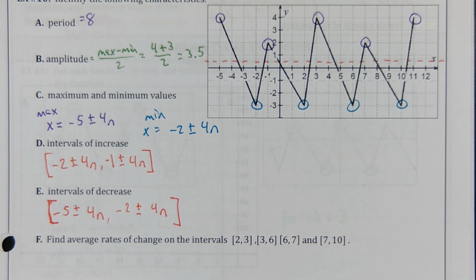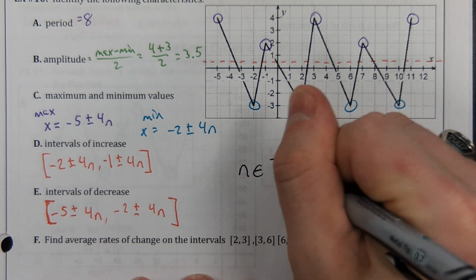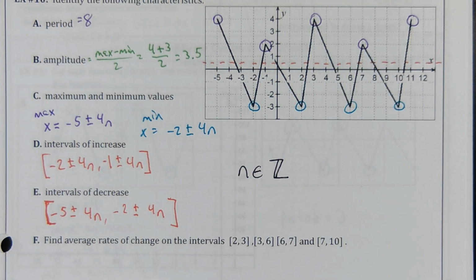So we're going to be lazy. And anytime I wrote n on the page, n is an integer. So this was a special example because it had 2 minimums and 3 maximums per period. So that's special. Yes?